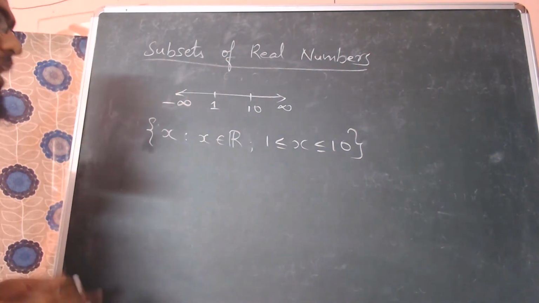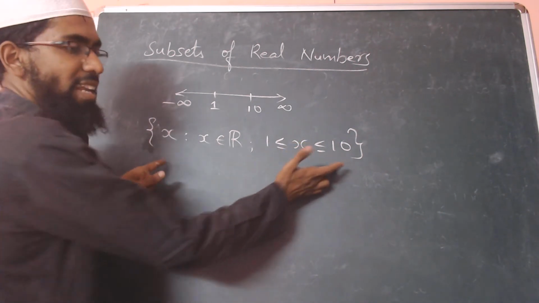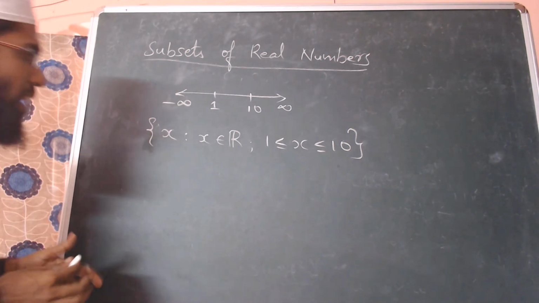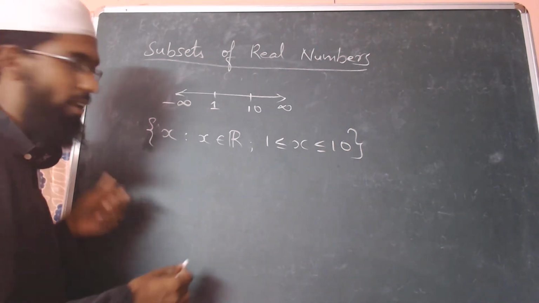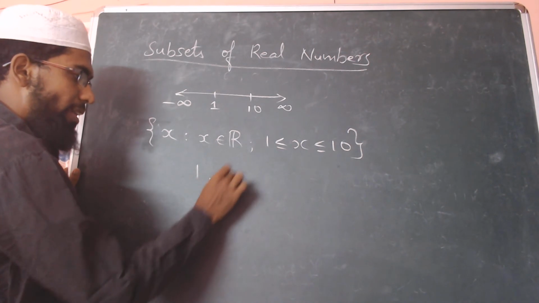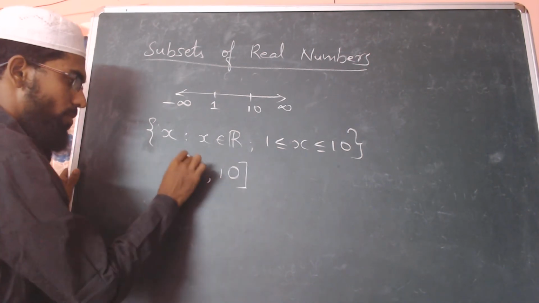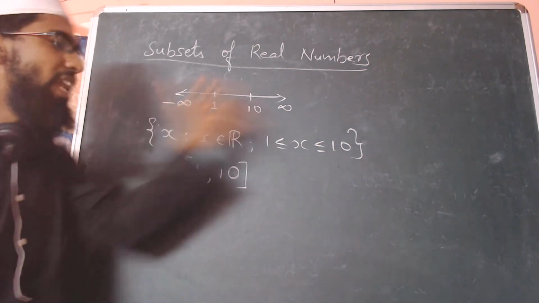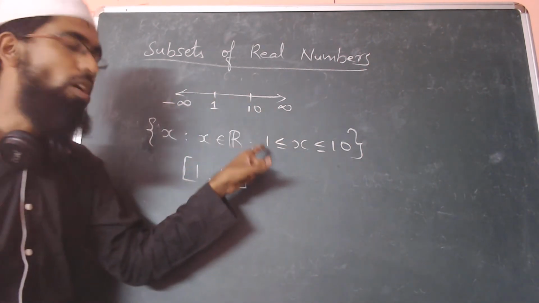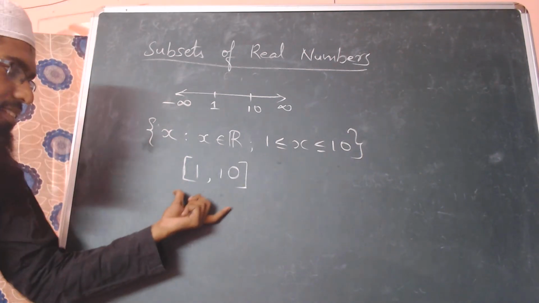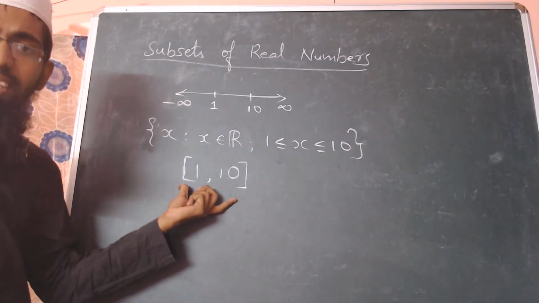Now we can write this set in a shorter, more concise way, so that it is easy for us to write. I can write it like this: [1, 10], a closed interval. This is called an interval. If I take all the real numbers continuously in this way, I can write it like this, which is called an interval.